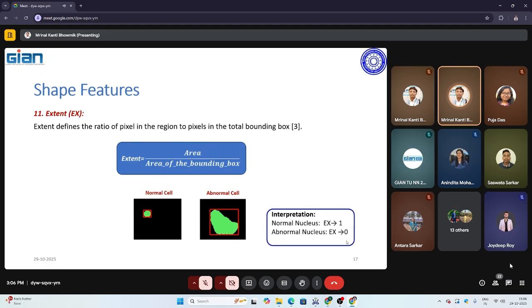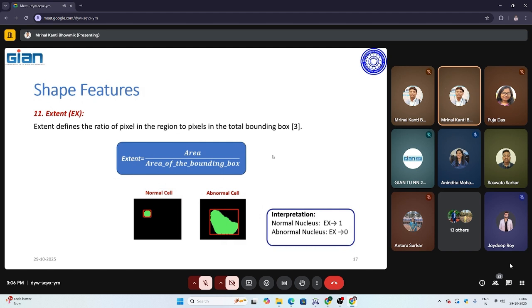Next, extent. Extent defines the ratio of pixels in the region to the pixels in the total bounding box. It represents how much space the nucleus occupies within its surrounding rectangle.